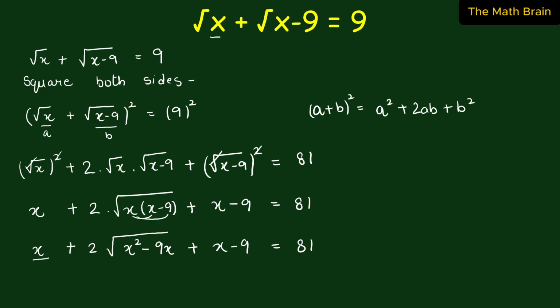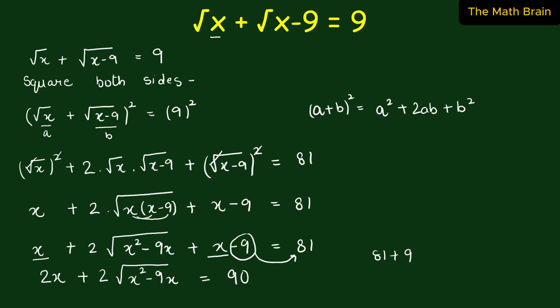Now we have x here and here, so both of this will be 2x + 2√(x² − 9x), and this minus 9 will go to that side and we will get 81 + 9, that is 90.